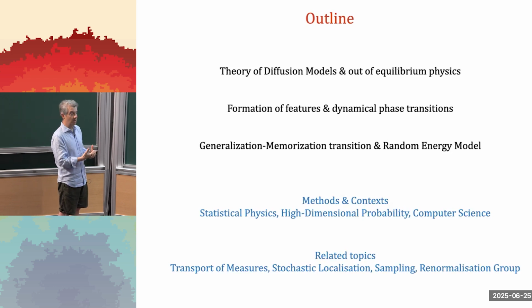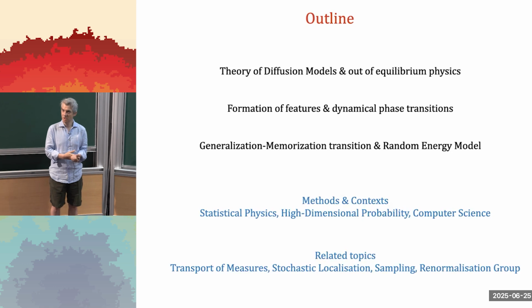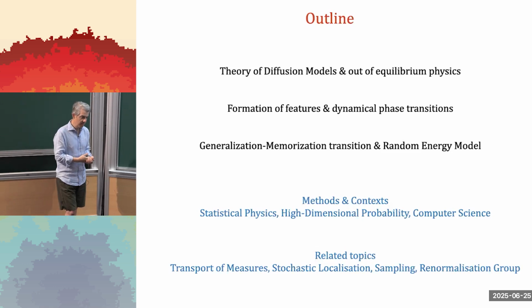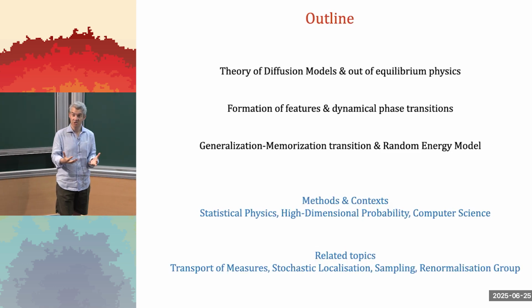And then in the third lecture, I will tell you about generalization versus memorization, because sometimes actually this method generates images, but they don't generate new images. They just generate the images that you have used to train them. And that's bad. So this is called memorization. They just learn by heart the images that you gave to them to learn.